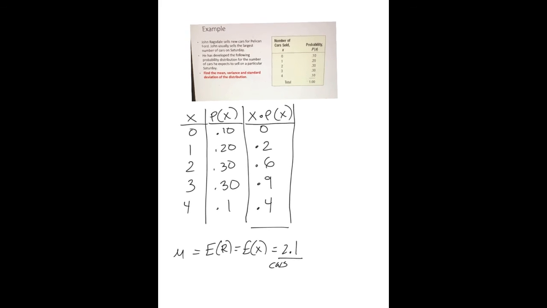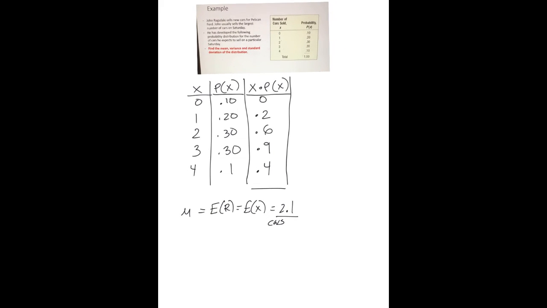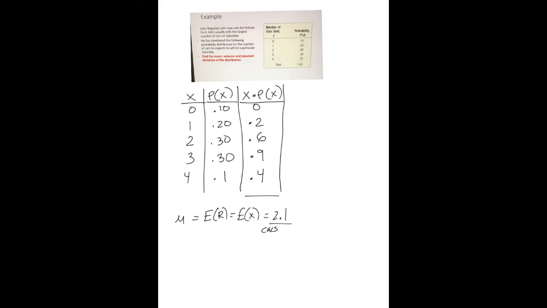Now let's continue and find the standard deviation of this distribution. So the next thing we have to do is we're going to take each x and subtract the mean, or the expected return. So we have 0 minus 2.1, which is negative 2.1. Okay, let's fill in the rest. So we have negative 1.1, negative 0.1, 0.9, and 1.9.